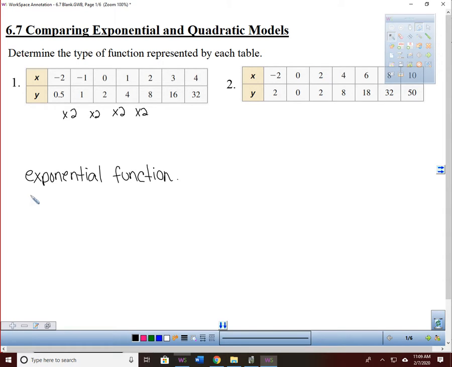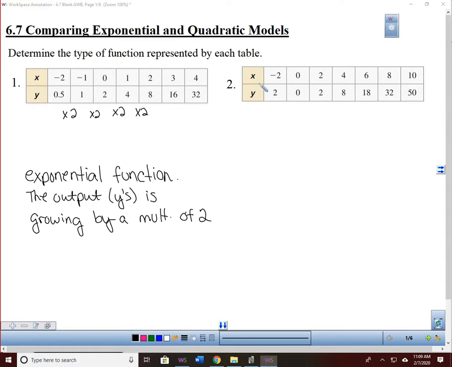So we will just say that the output, which is our y values, so we'll say the y's, the output is growing by a multiple of 2.